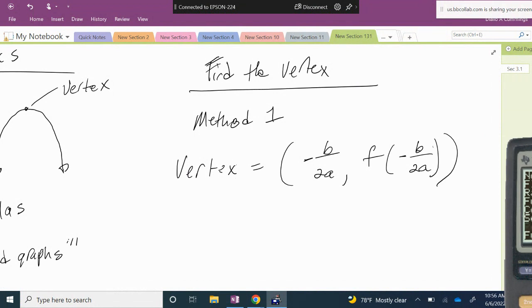I don't believe you actually have to do this in the problems, but I'm going to show all three ways. So this is the first way, using the formula: negative b over 2a, comma, f of negative b over 2a.